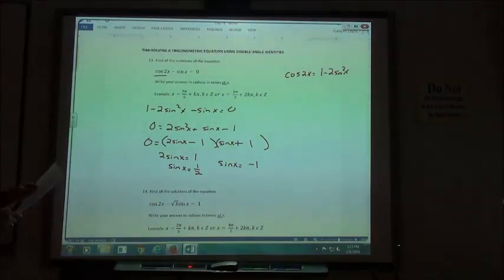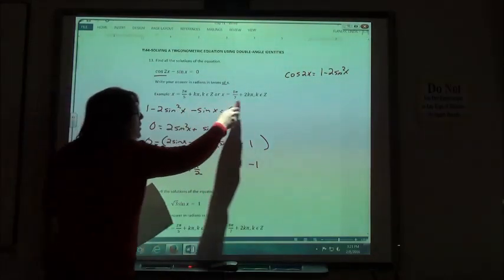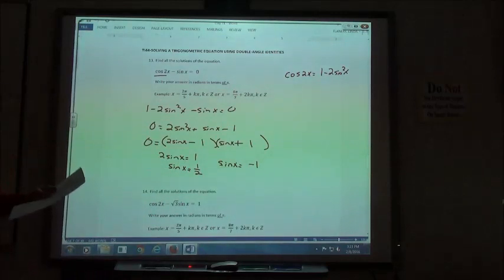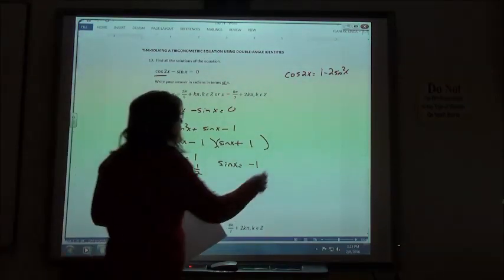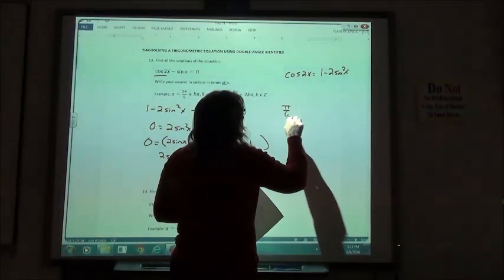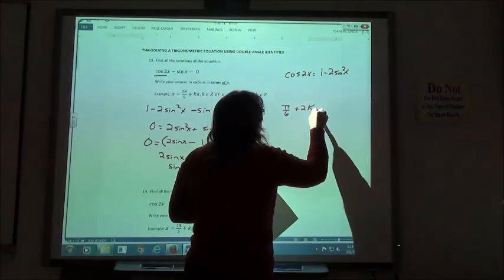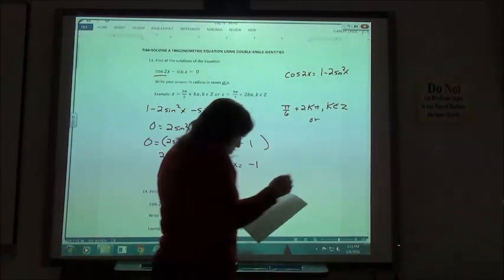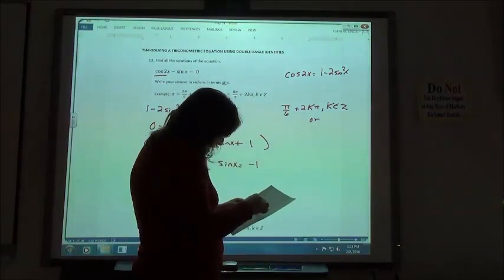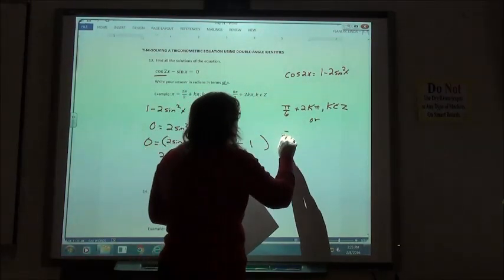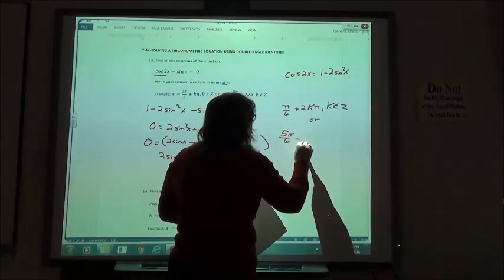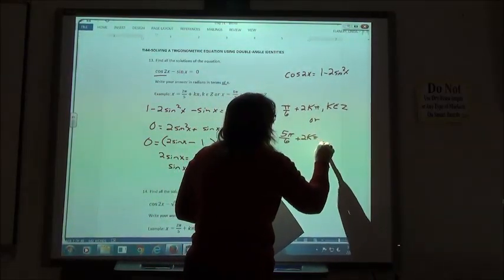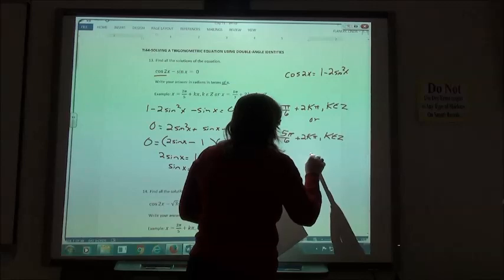So looking up in my table, again, these are the ones we're going to use with our 2k pi's and all of those. 1/2. So 1/2 is either at pi over 6 or 5 pi over 6. So pi over 6 plus 2k pi, with k being an element of z, or what was the other one I said? 1/2 was also at 5 pi over 6. 5 pi over 6 plus 2k pi, with k being an element of z.